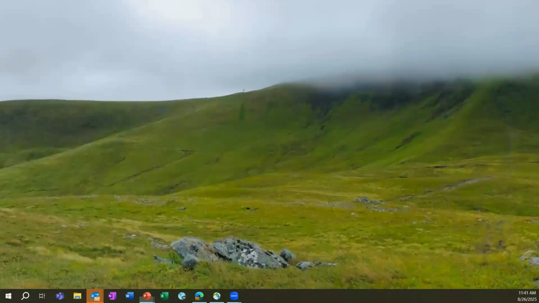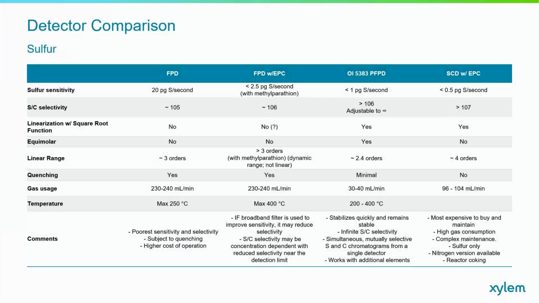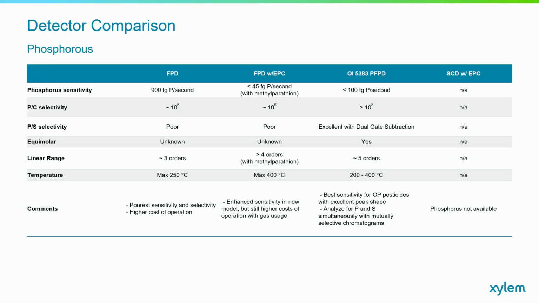Aha. So it is going to depend on your target analyte. But what we list as our linear range is 2.4 orders here for sulfur, and then around 5 orders for phosphorus.